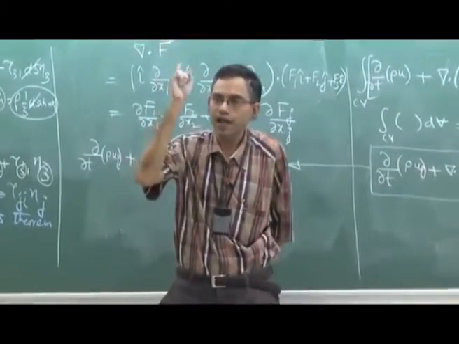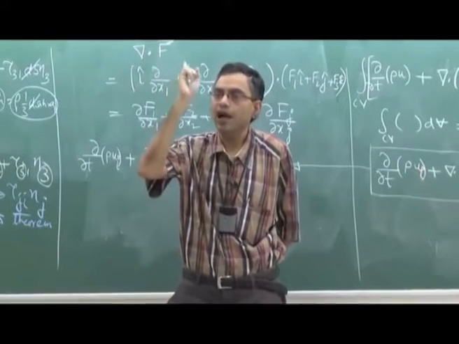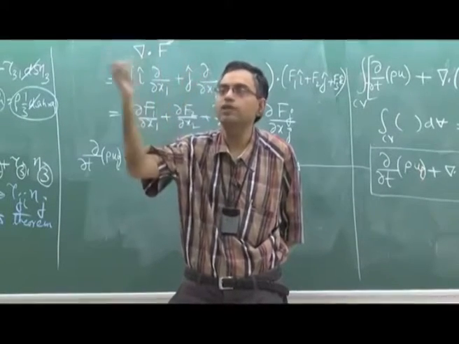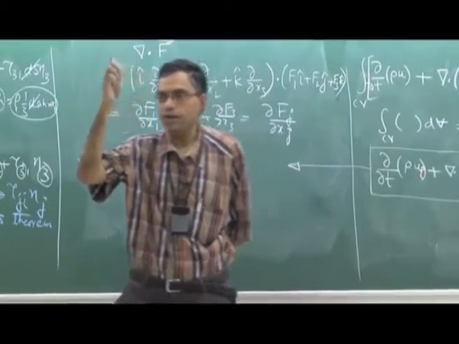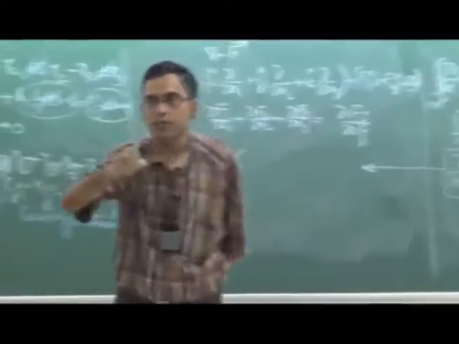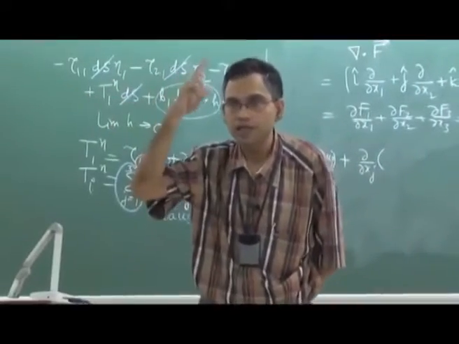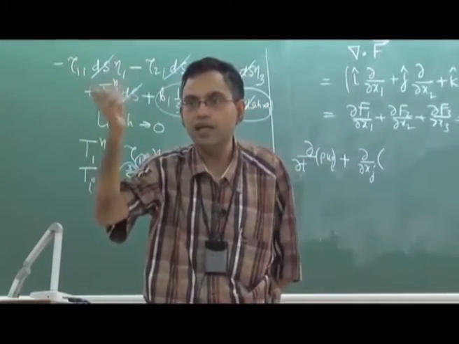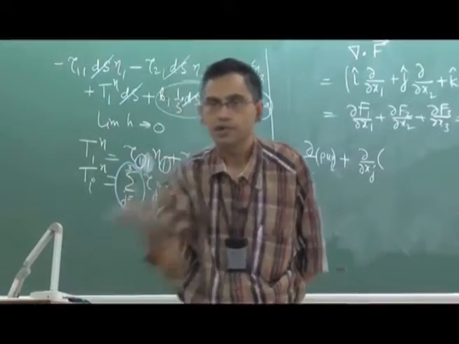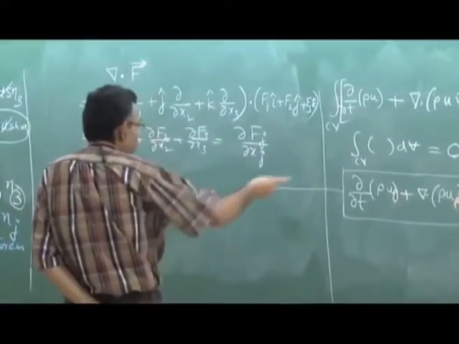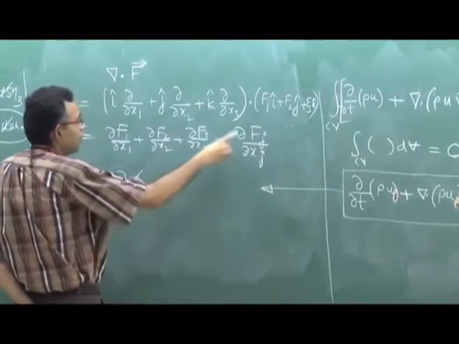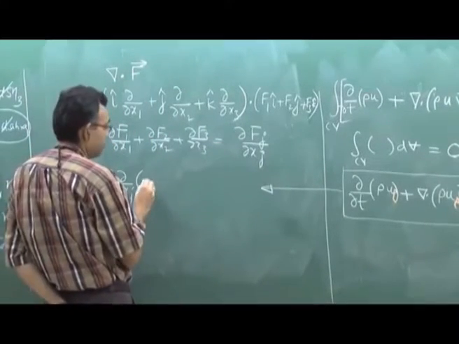Instead of the x component, if we are interested in the ith component, just replace 1 with i, that's all. If you had the index 1, that was representing the x component, if you are interested in the ith component, replace the index 1 with i, that will give you the ith component. So now we are using this definition of divergence.